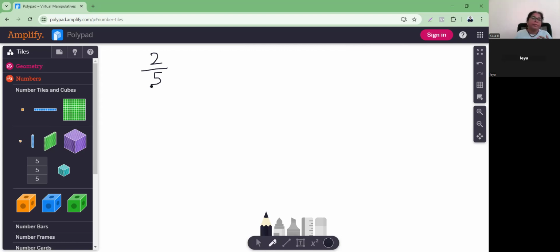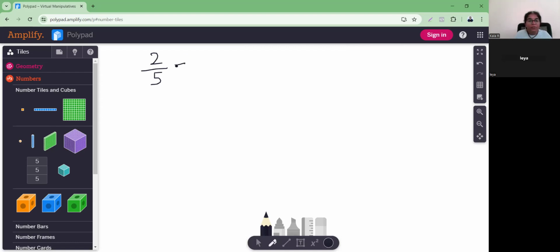The denominator should either be 10 or 100 or 1,000 or 10,000. But as of now, this is not there. But if we know the fractions topic, we will know that this 2/5 can be written using an equivalent fraction.